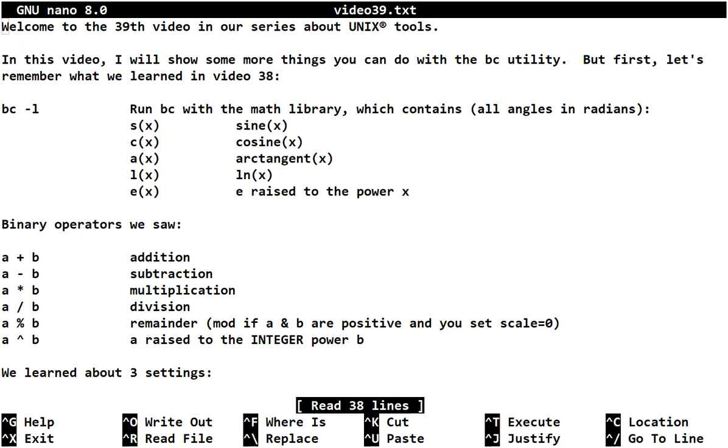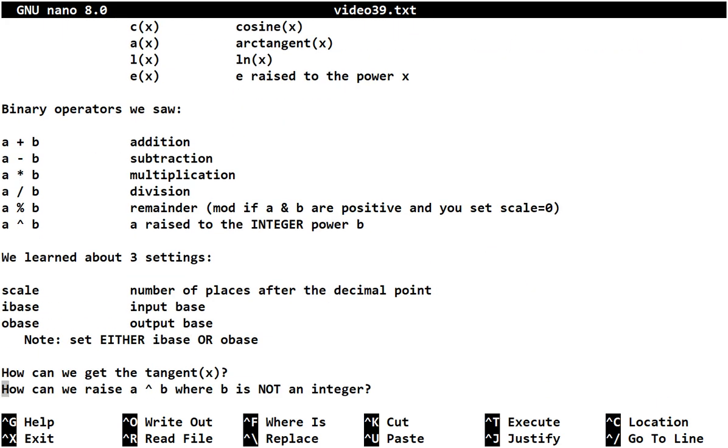We also learned about 3 settings to the system that are done by assigning values to special variables. Scale, which tells you the number of places after the decimal point to give you the arbitrary precision. Ibase and obase, you should only set one of these to specify the input or output base when you don't want to use decimal or base 10.